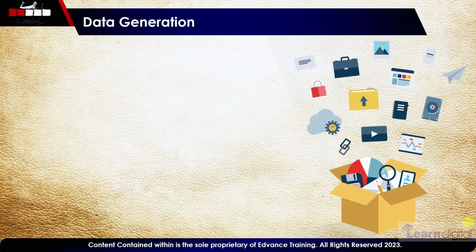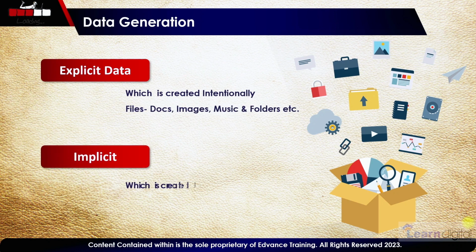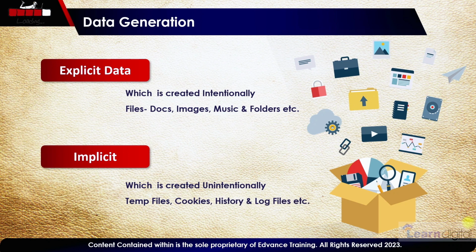So how is data generated? There are two types: first is explicit data and the second one is implicit data. If I talk about explicit, the one-liner answer is that it is created intentionally.